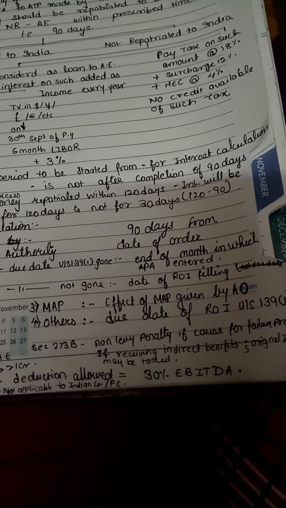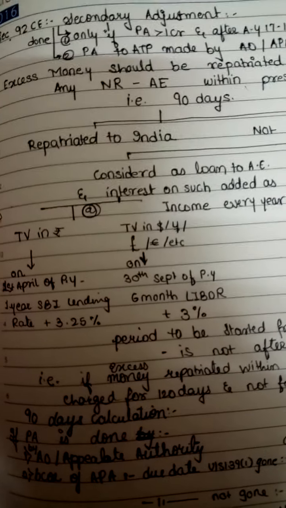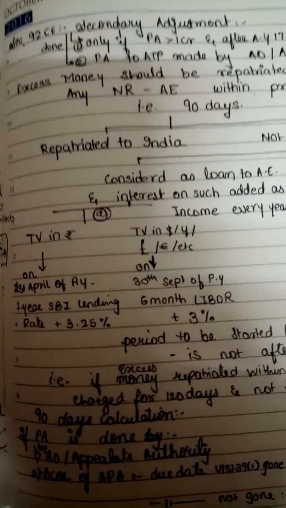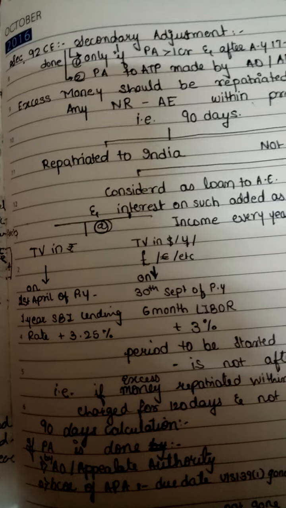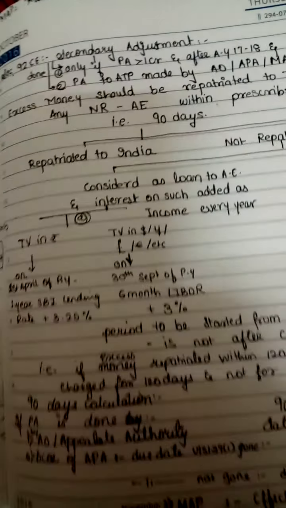And if the transaction value is denominated in any foreign currency, that is other than rupees, then you have to take the interest rate as on 30th September of the previous year, that is 6 months LIBOR plus 3%. This interest is charged for the entire period, not after completion of 90 days from such adjustment.